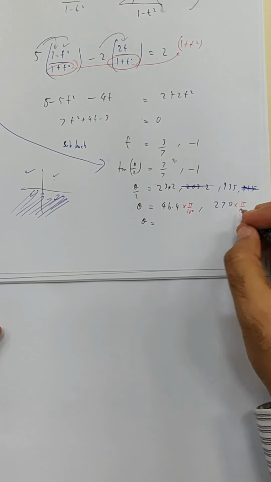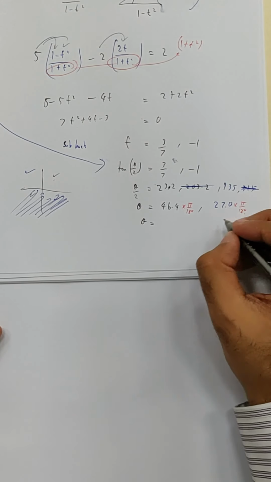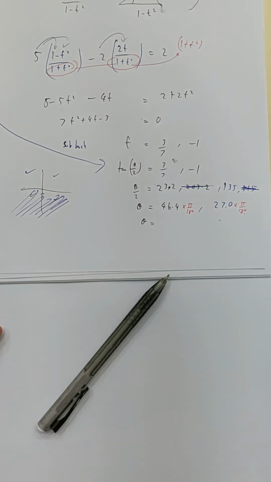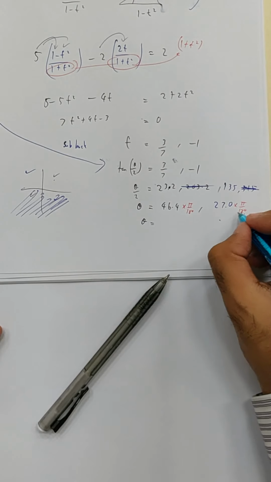This is 3 over 4, right? 3 over 2. Am I right? Divide that by 90.